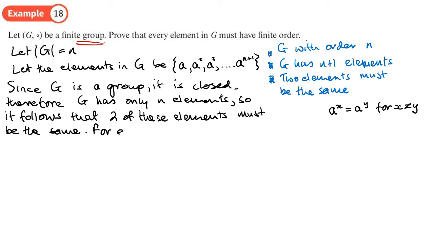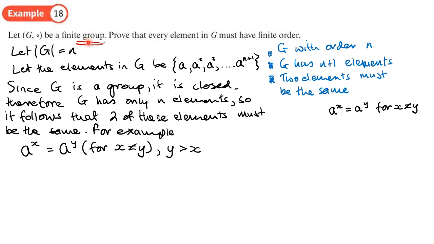So for example, we would say our 2 elements a^x equals a^y. Now this is for x not equal to y. Now let's also say that y is greater than x.